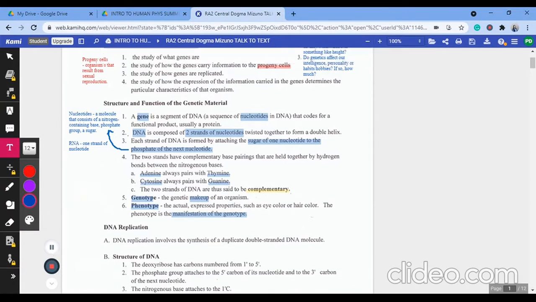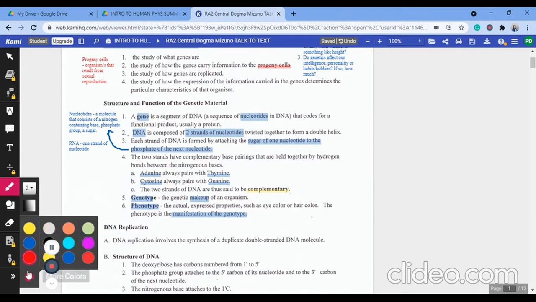Actually, before that, it might be helpful if I draw the Lewis structure of adenine and thymine. I'm going to draw their bond first, just so you know what their bond looks like. I'll draw it right here. Hopefully I'll have enough space. That's two bonds, right? This is a double bond.